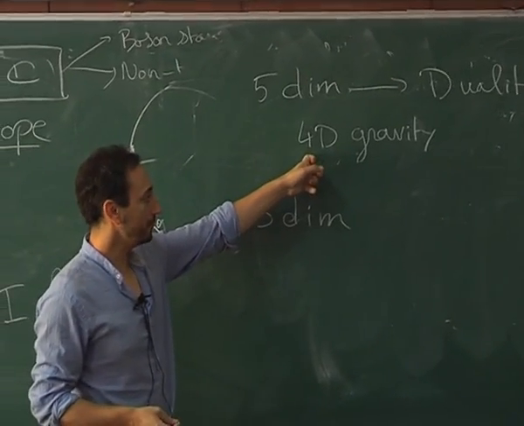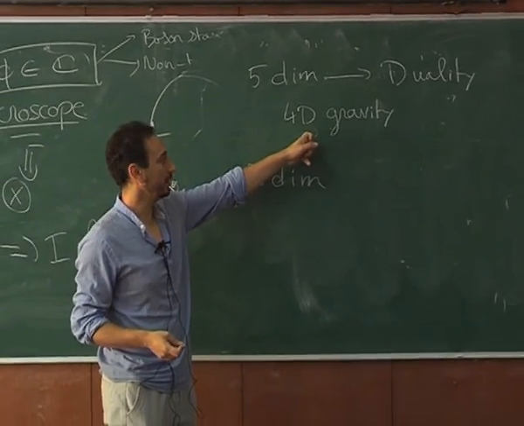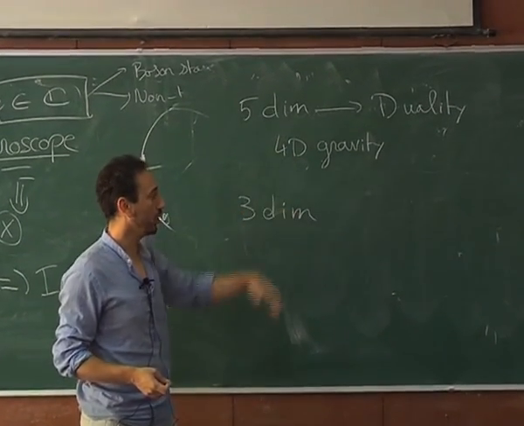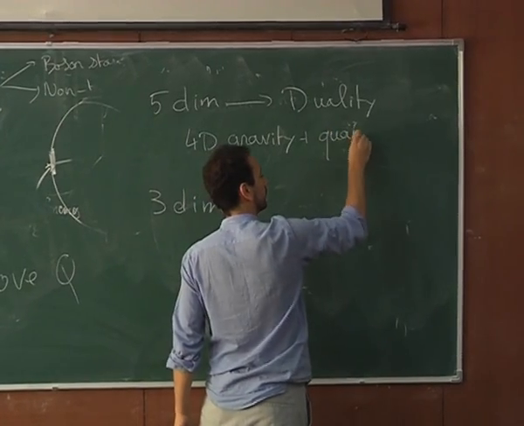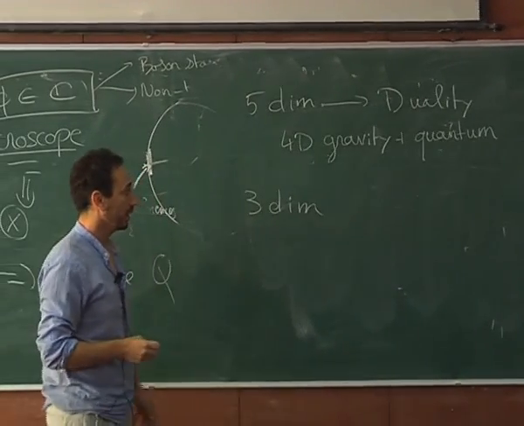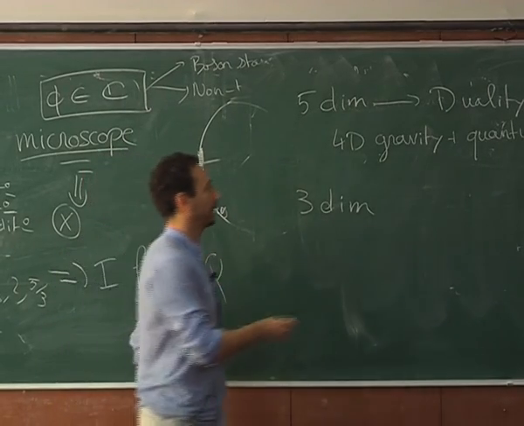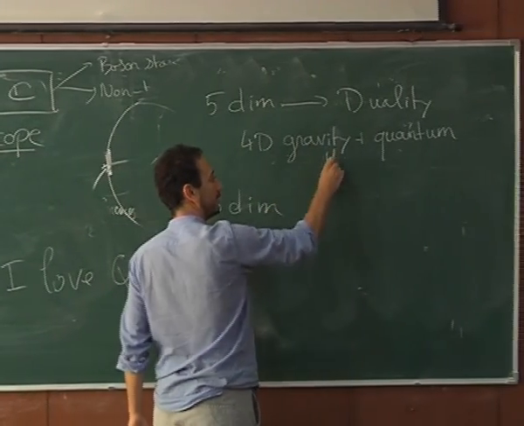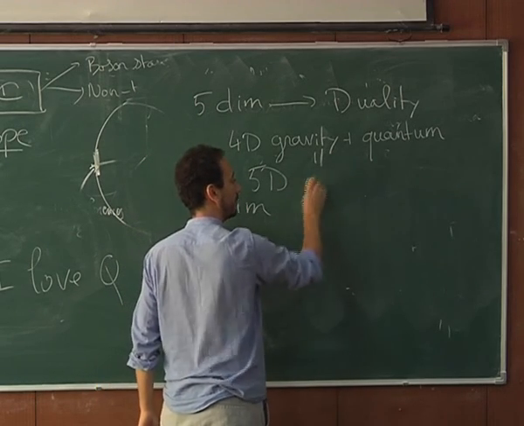But actually, the theory of gravity we know is Einstein's theory of gravity, and that is not enough. We want a quantum theory of gravity, plus quantum corrections. The thing is that the duality tells us that maybe this is equal to a 5-dimensional classical theory of gravity.